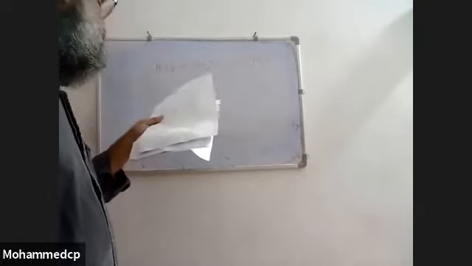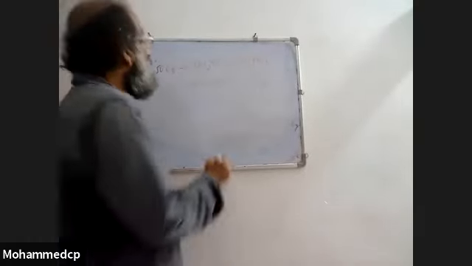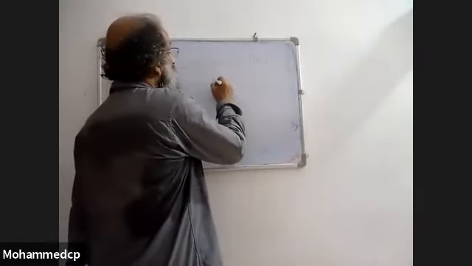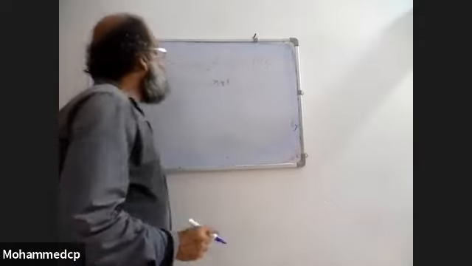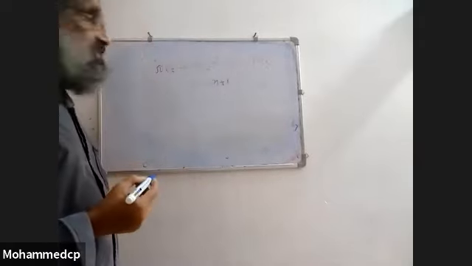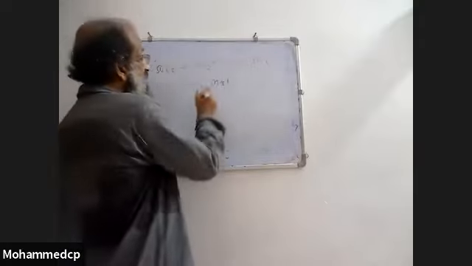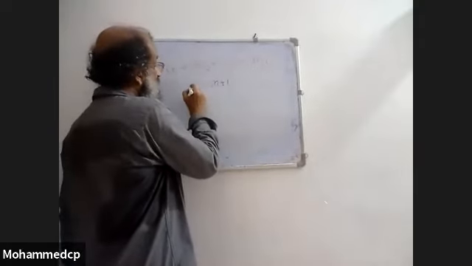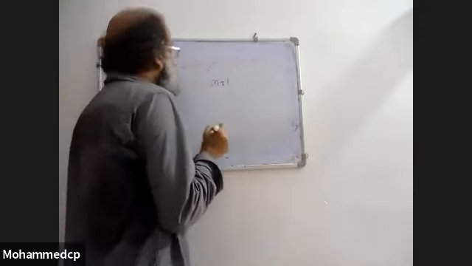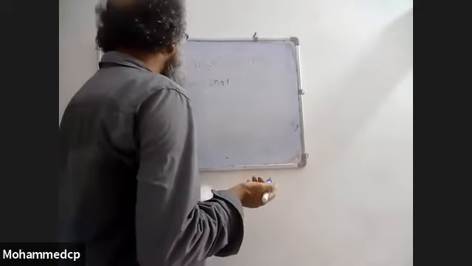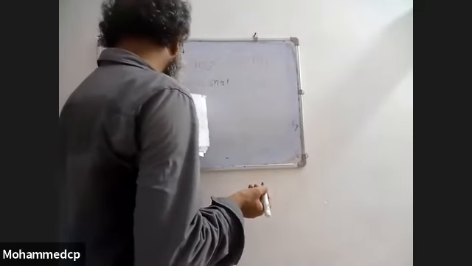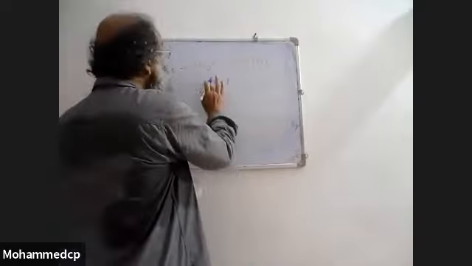But m is the smallest value, so 51n plus 1 should be a perfect square, the smallest perfect square.